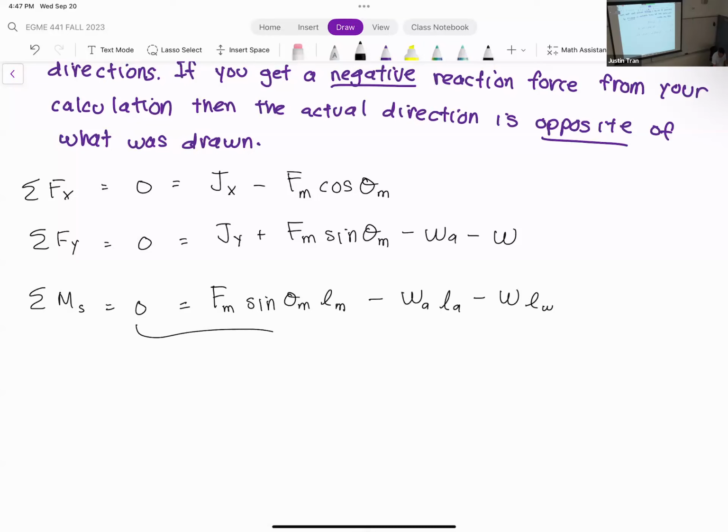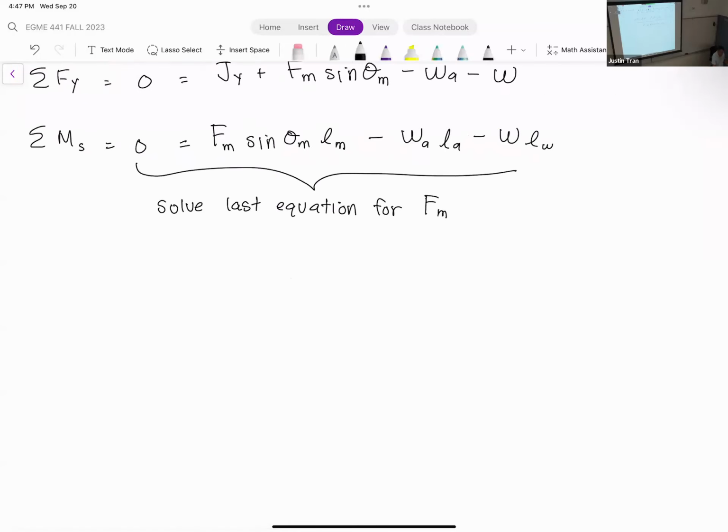I'm just going to solve this last equation for Fm, because Fm is the only unknown in that equation. If we solve for Fm, we add Wa La to both sides, add Ww Lw to both sides, and divide by sine theta m Lm. What we get is Fm is equal to (Wa La plus Ww Lw) divided by Lm sine theta m.